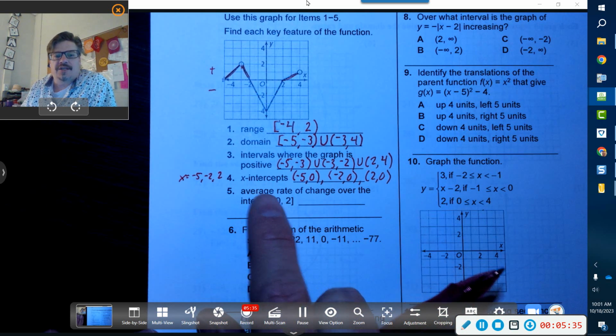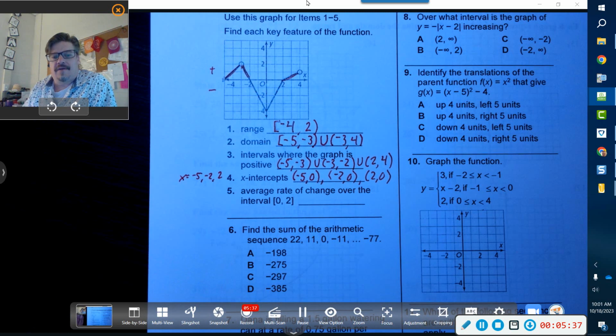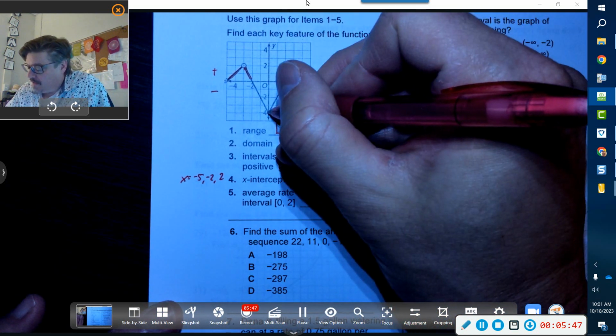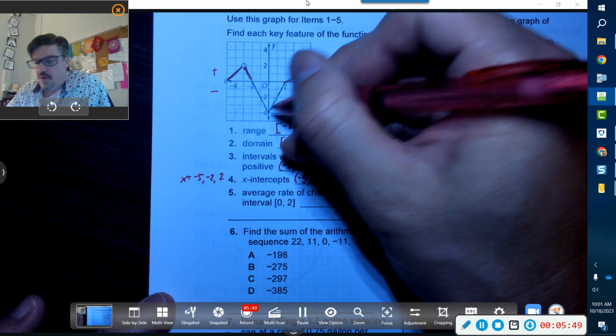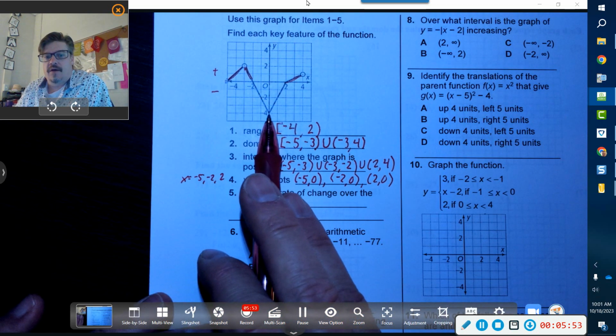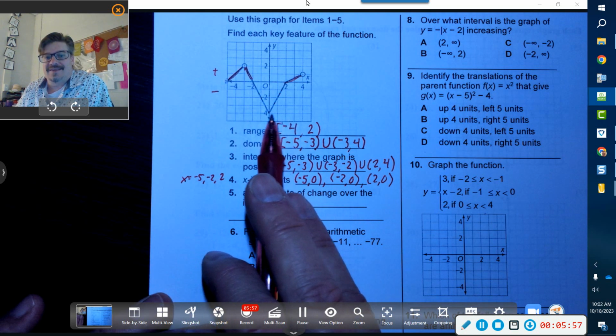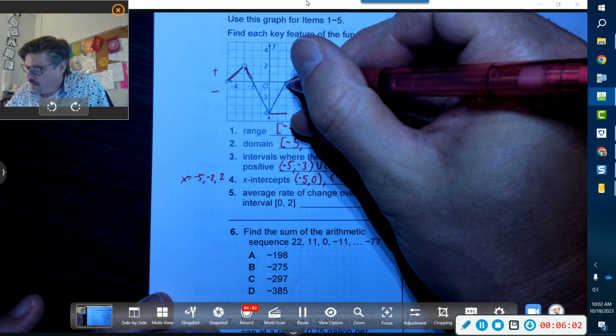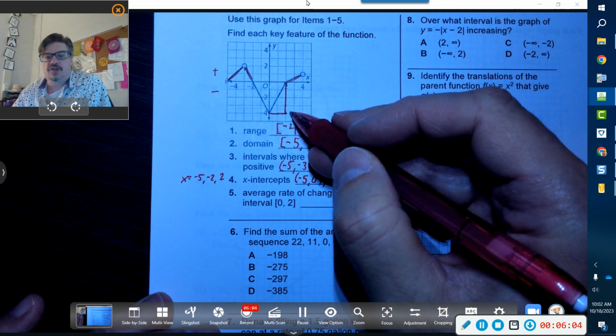The average rate of change from 0 to 2. Now the average rate of change from 0 to 2 just represents the slope between the 2 points. Now on my domain on this function, here is (0, -4). So from 0 right here to 2, I want to know what the average rate of change is, and that is the rise over run between these 2 points.